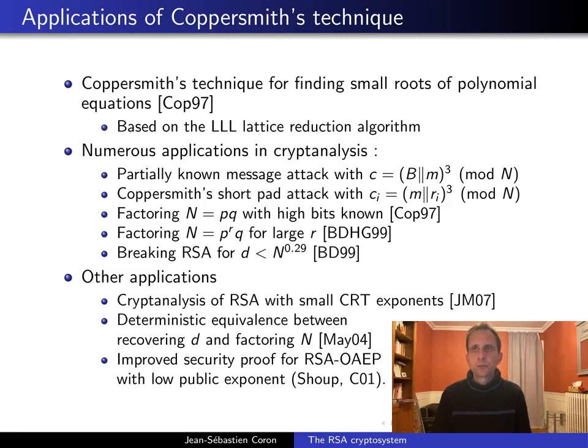So this is analogous to the attack for a small d. There is also the deterministic equivalence between recovering d and factoring n. And there is also an application for security proofs. That is, we obtain a better security proof with tighter bounds for RSA-OAEP when we have a low public exponent.